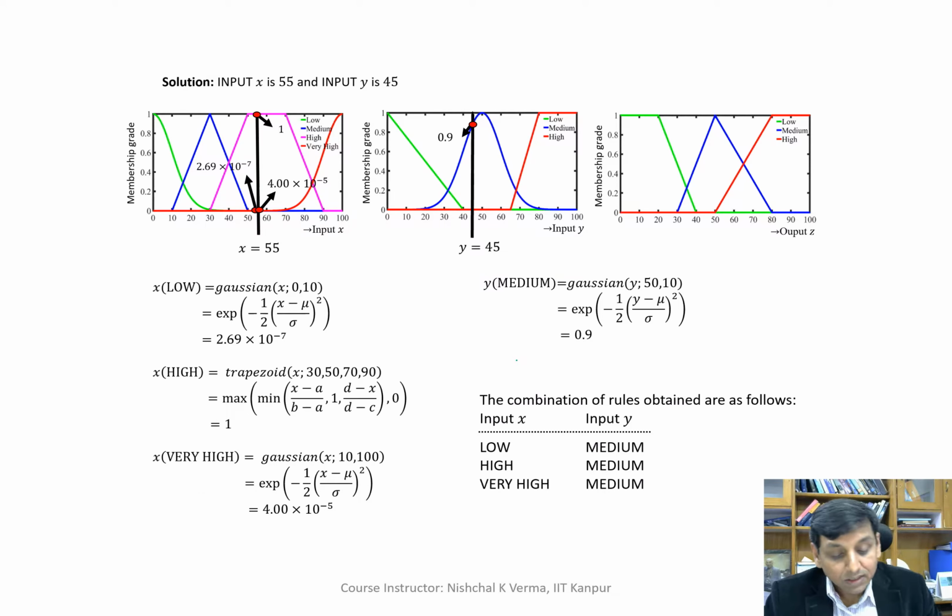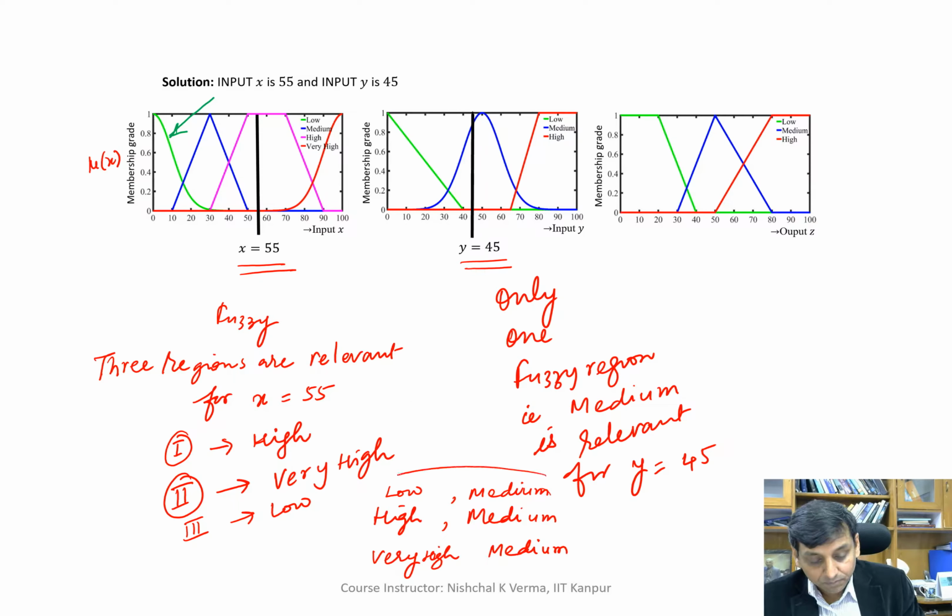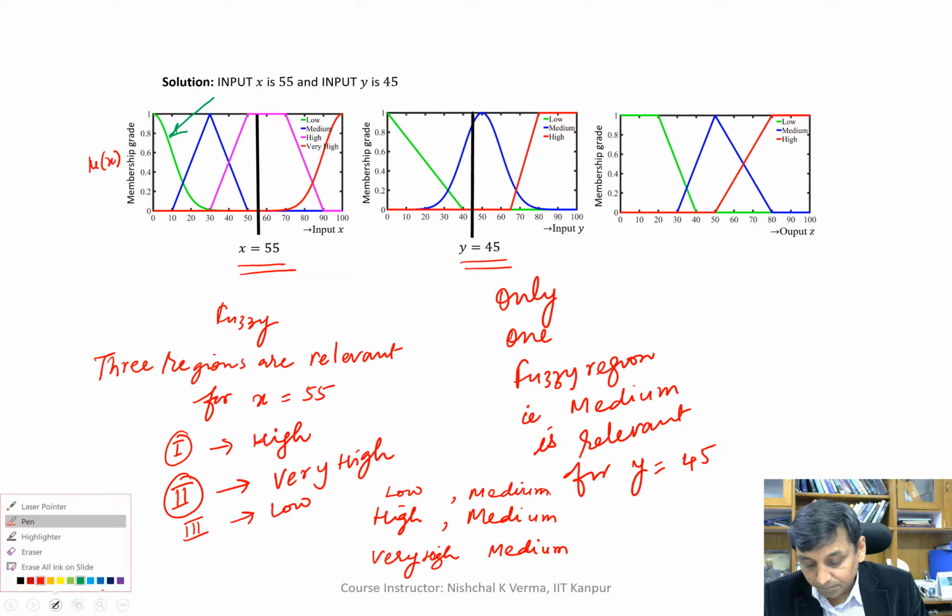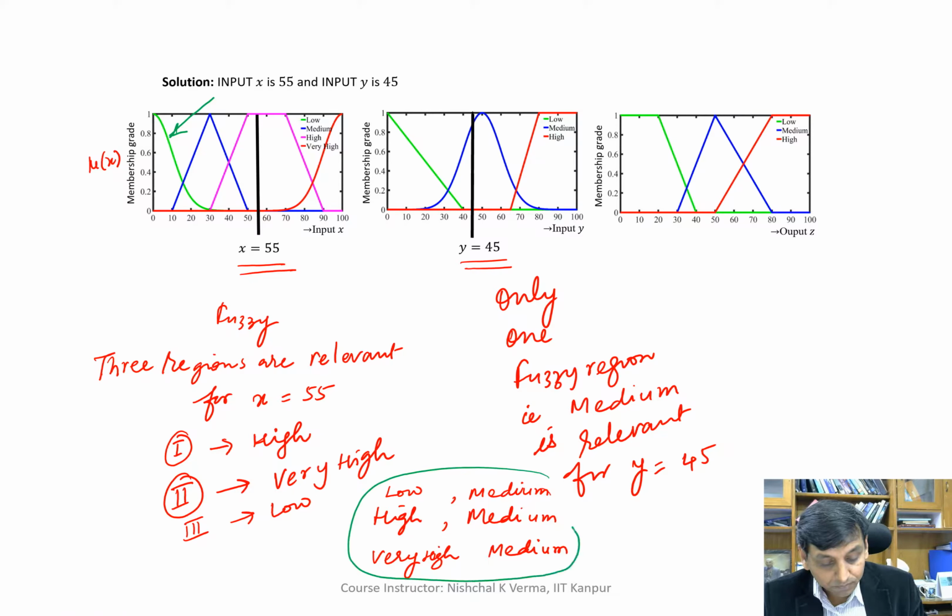So the combinations of rules that are obtained here are all these input combinations.